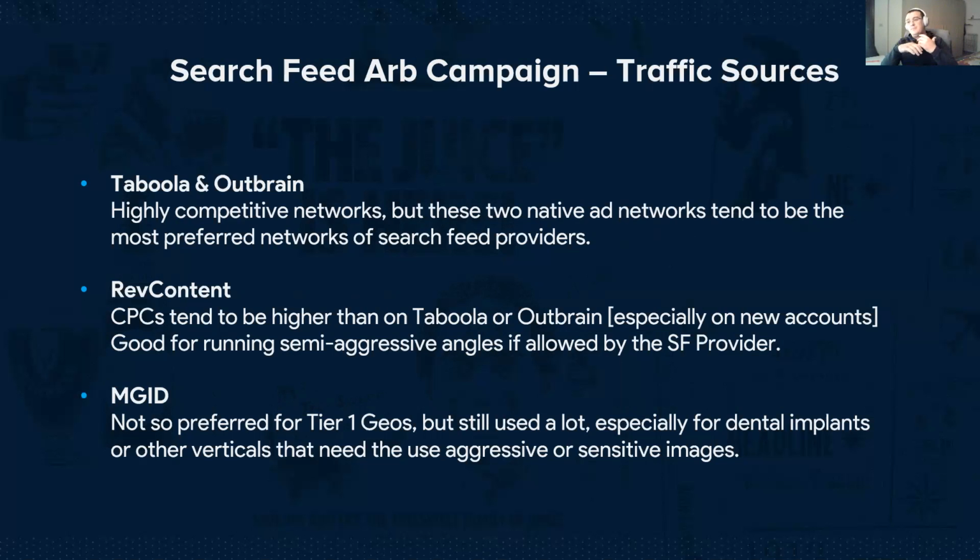And given that there are many guys who are buying Revcontent traffic for maybe stuff that is not allowed on Taboola or Outbrain, or running some semi-aggressive stuff that is not allowed on these two networks or on social networks, most probably the clicks or the CPCs that you will see on Revcontent will be pretty high, especially when talking about new accounts, because some aged accounts will be treated differently.